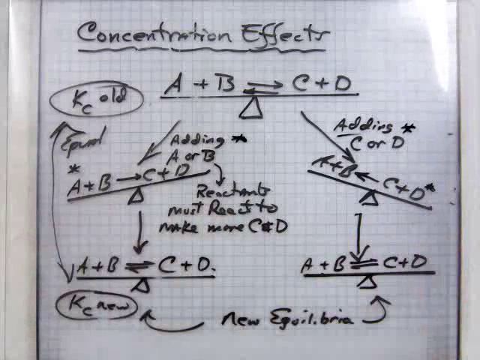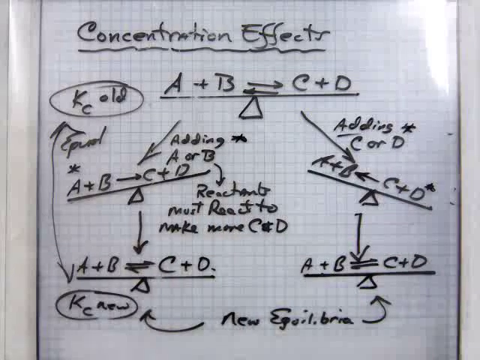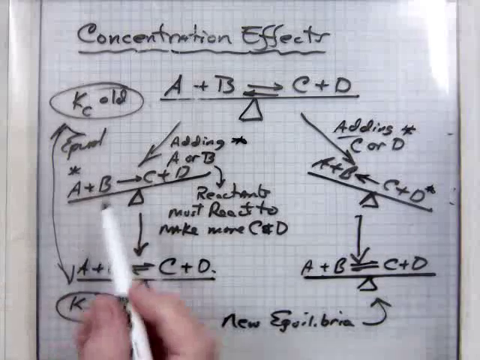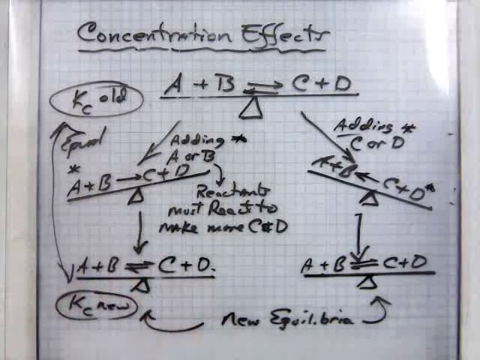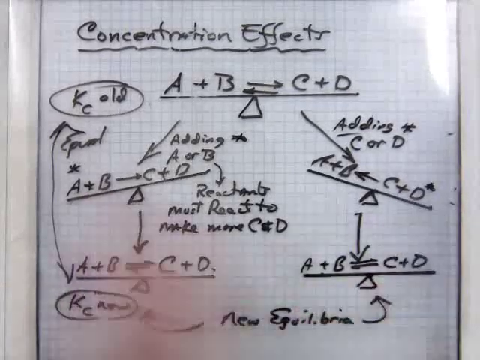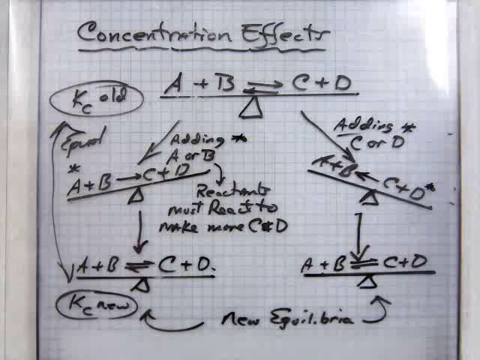In the concentration issue, you can also affect the reaction process by removing stuff. If I removed A and B, what would happen? If I removed C and D, what would happen? Okay?